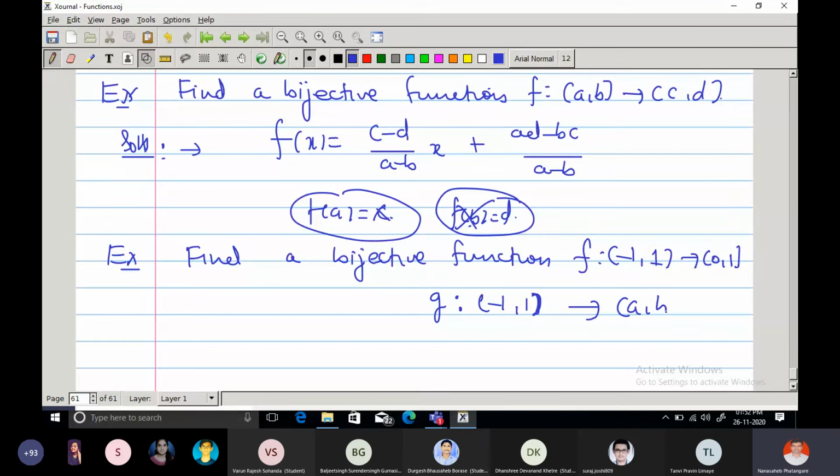What is your answer? Is it possible to find a bijective function from (-1, 1) to (0, 1)? Is it possible? What is your guess?